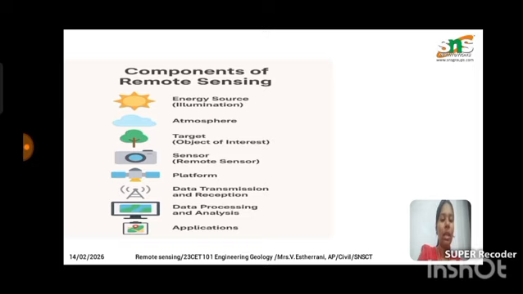Data processing and analysis is where we interpret the data that is got from the sensors and analyze the captured data. Next one is application. Application is where the captured data is applied to a particular use.